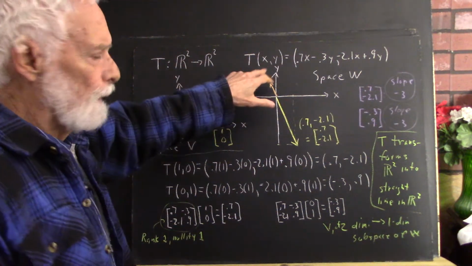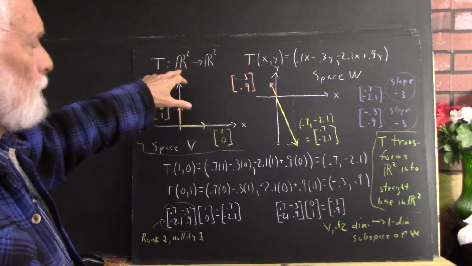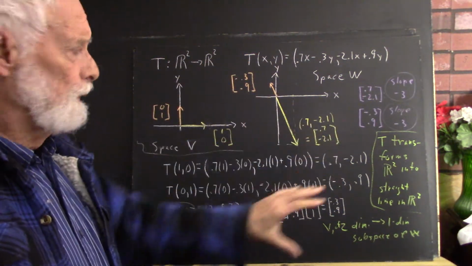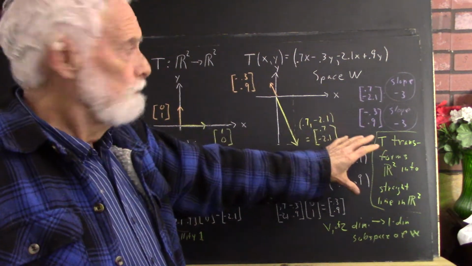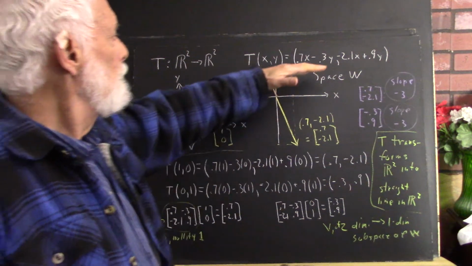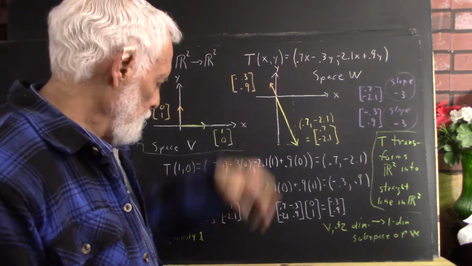Okay, now for this transformation from R2 to R2, which is illustrated here, several characteristics of the transformation are illustrated by this example. Here's our transformation.